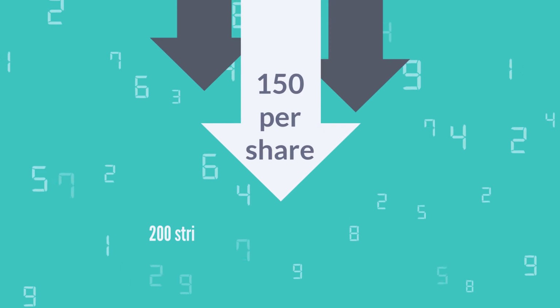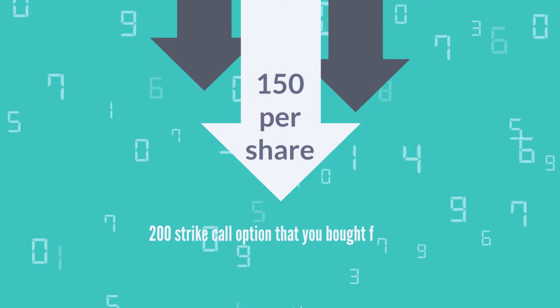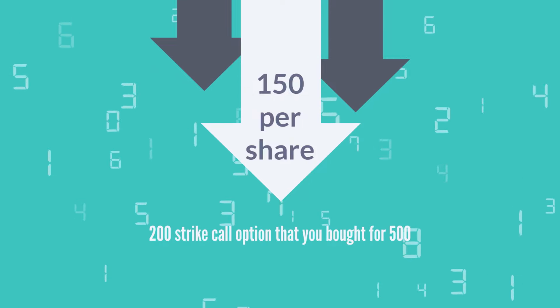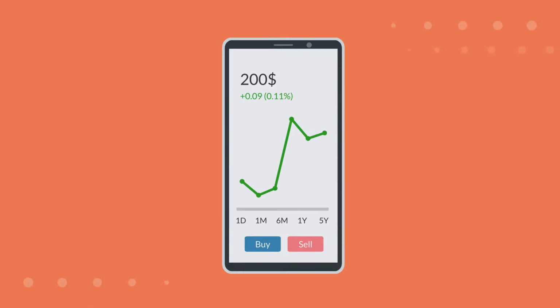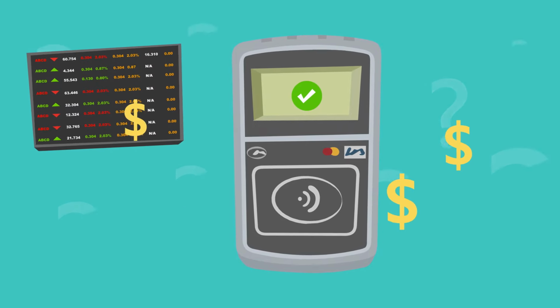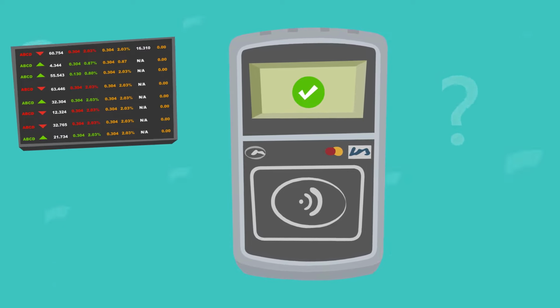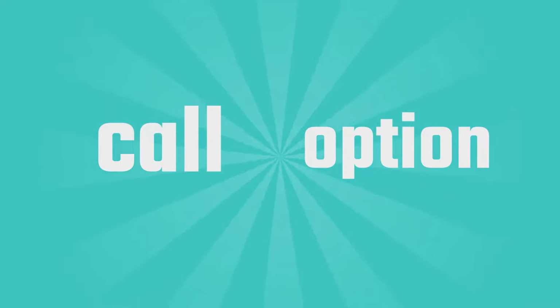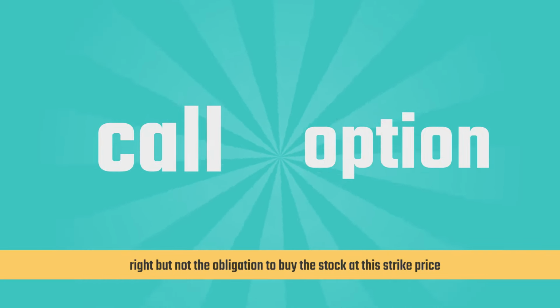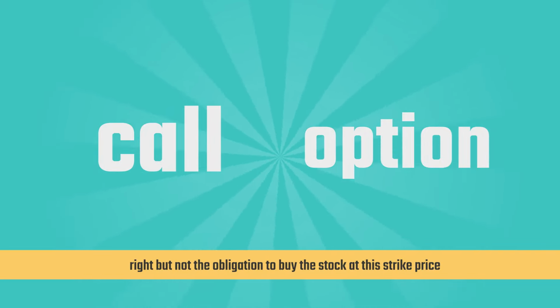If the stock goes down to, let's say, 150 per share, you own the 200 strike call option that you bought for 500, and this call option gives you the right to buy stock at 200 per share. But why on earth would anyone want to purchase stock at 200 if the stock is currently at 150? The answer is nobody. Let's look back to the definition of a call option. It gives you the right, but not the obligation, to buy the stock at this strike price.